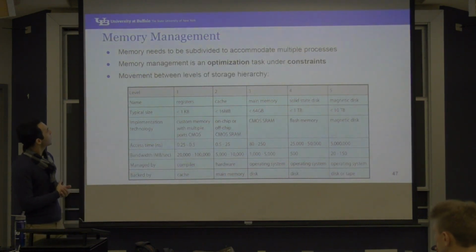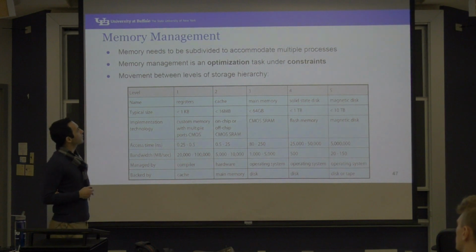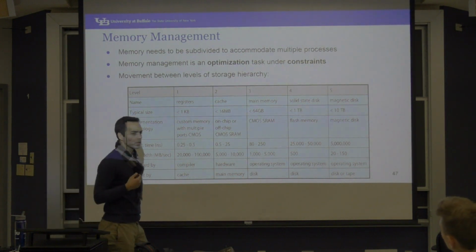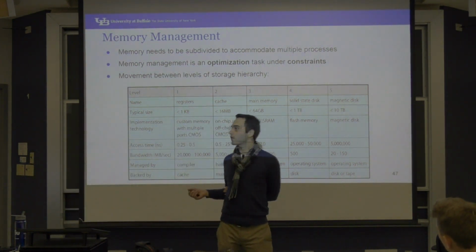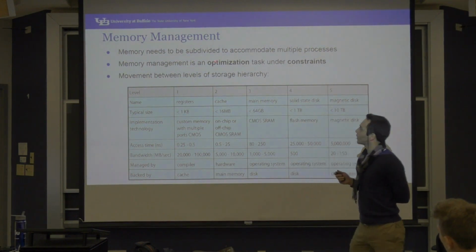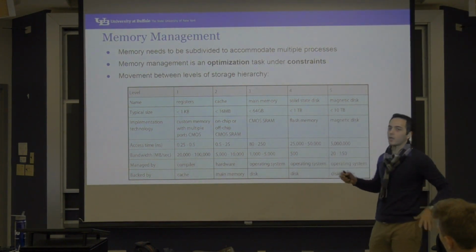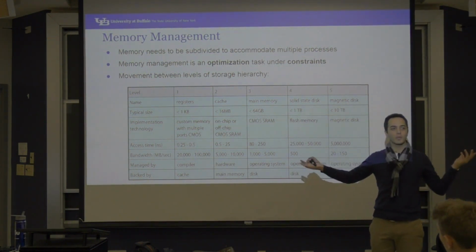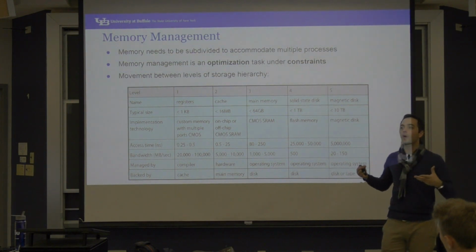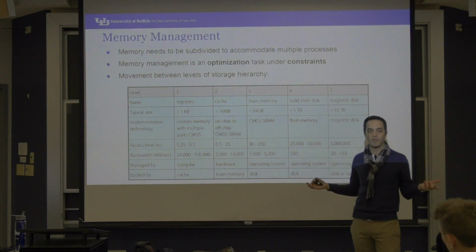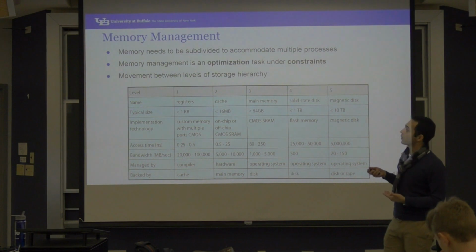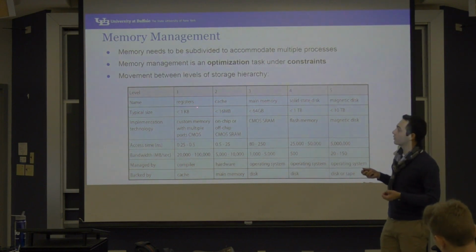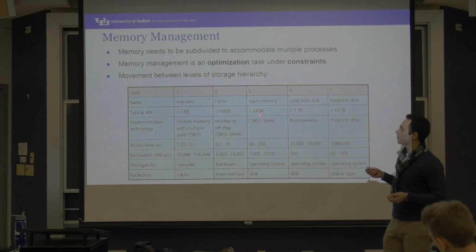So this is memory management. Memory needs to be subdivided. We're going to talk about memory a lot, so I'm going to briefly go over it. Memory is an optimization task because you have limited memory and so many processes. Each of them wants their own unlimited memory. You can't have all of this. You have different kinds of memory. You have registers, very small. You have some cache. You have main memory, which is maybe some gigabytes.